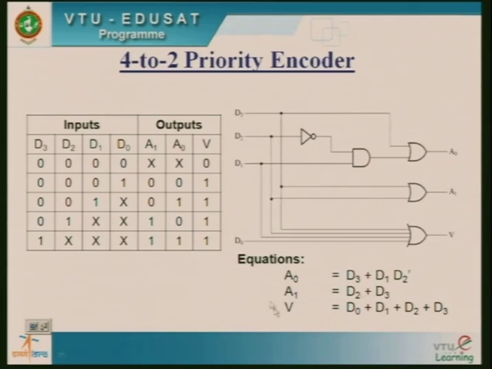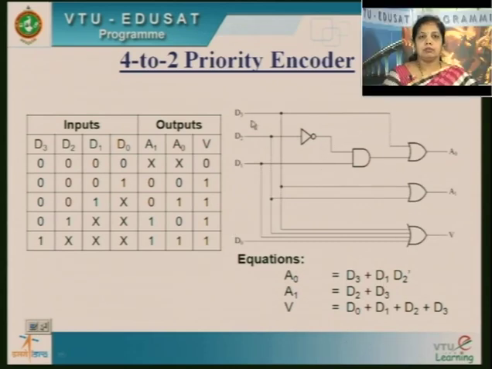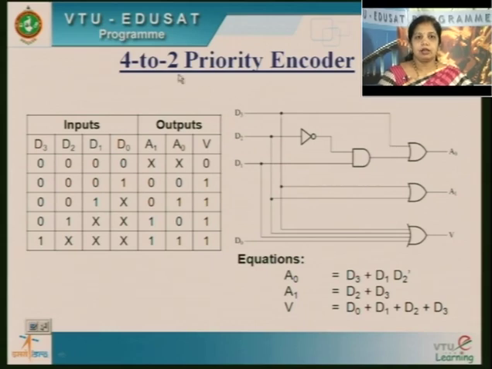So out of this equation I am drawing a logic circuit of a 4:2 priority encoder. This priority encoder has D3, D2, D1 inputs, and in the equation there is a complement for D2, so I have used an AND gate with a complement.